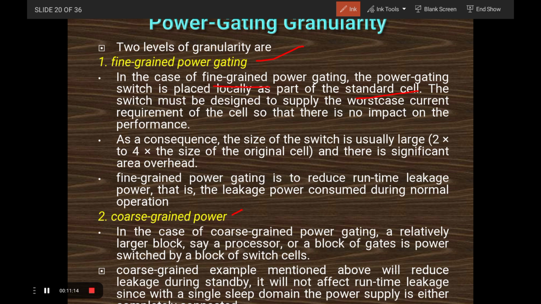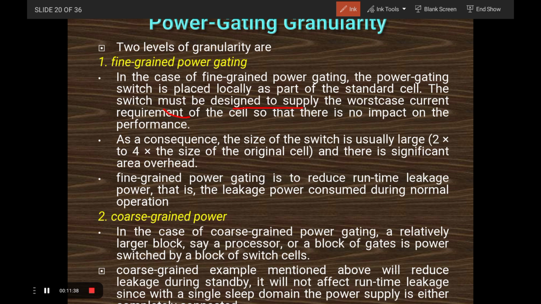So the power gating circuit is placed locally as a part of the standard cell. That is the basic thing. So within the cell itself we are providing the signal, and the switch must be designed to supply the worst case current requirement of the cell, so that there is no impact on the performance.